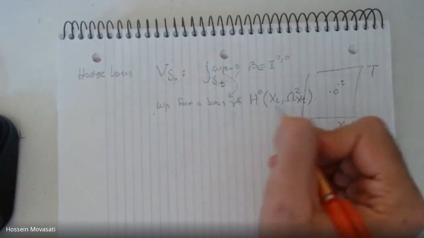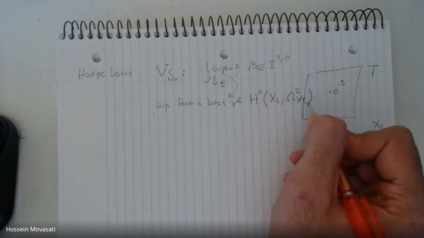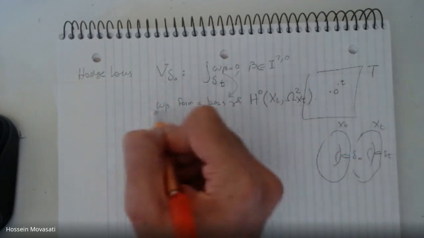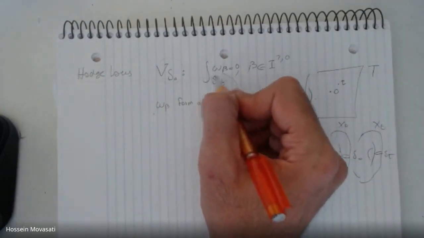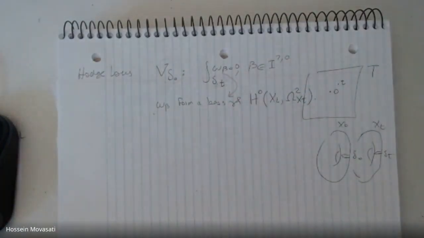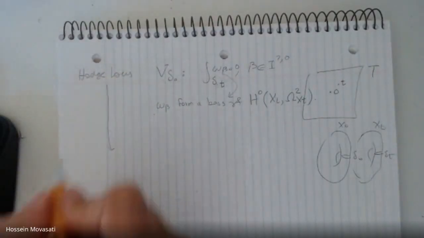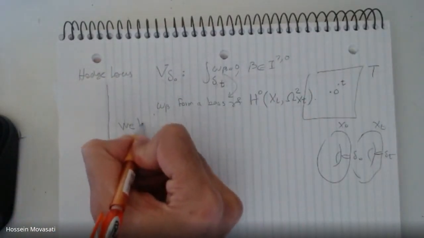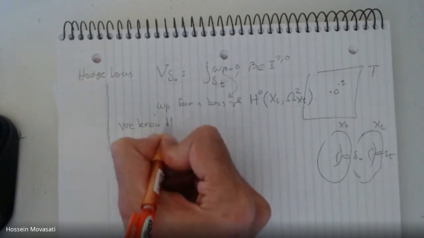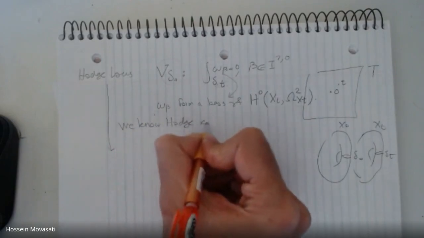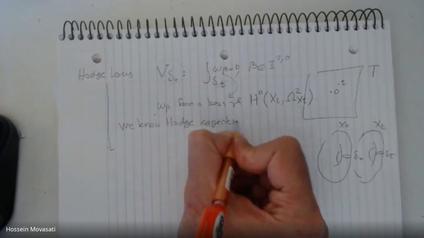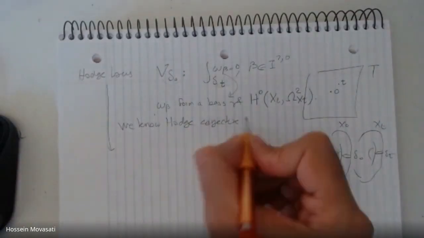So this means that you take a basis of holomorphic two forms on xt, and you integrate over the cycle, and then you put the zero. So this was the notion of Hodge locus, but the point is that in the case of surfaces, we know the Hodge conjecture.